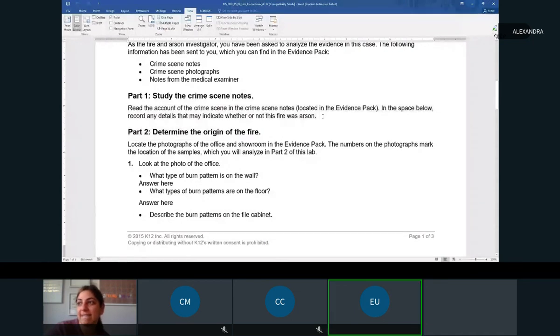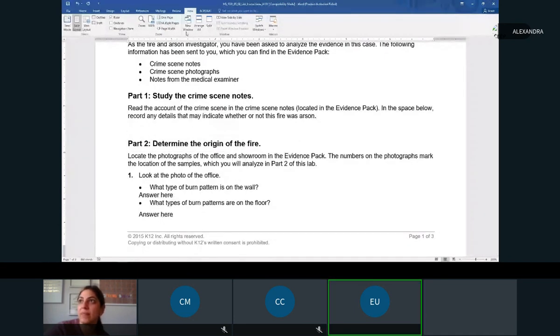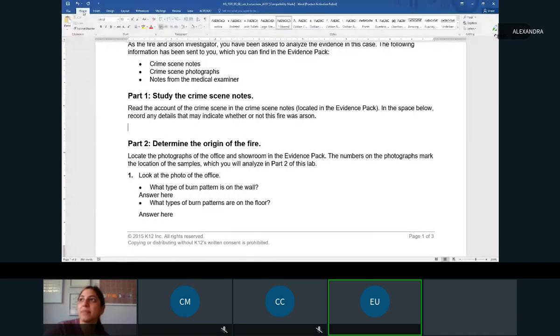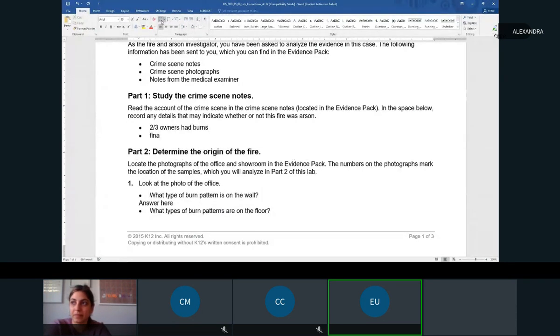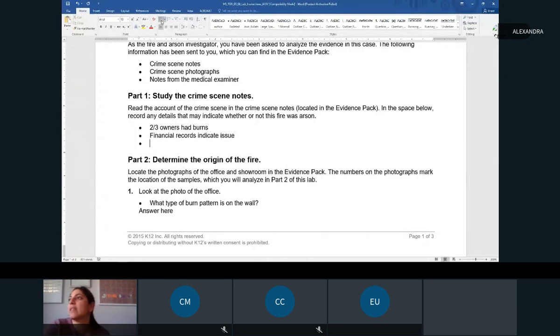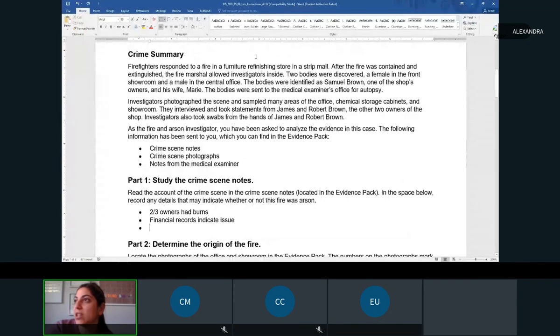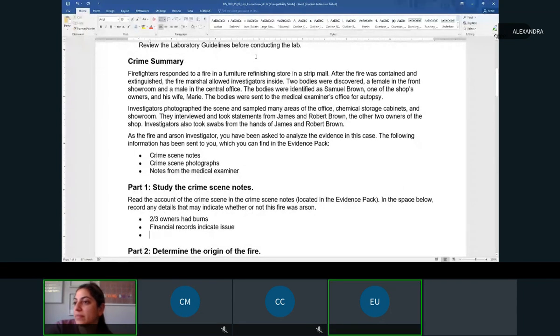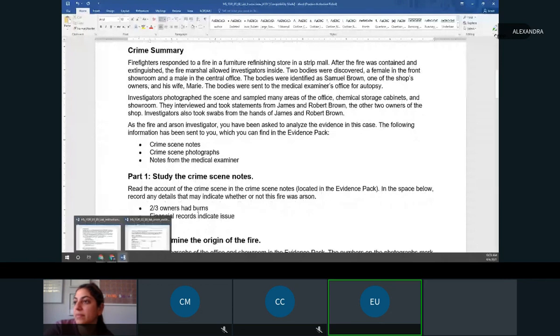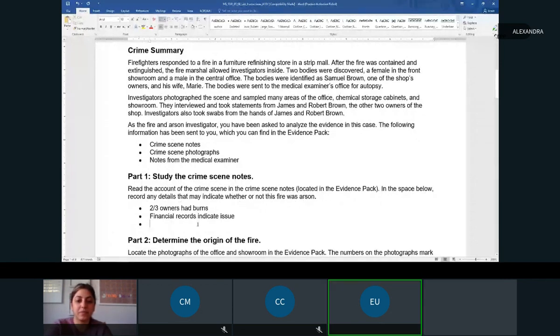So the first thing I noticed was that 2 out of the 3 owners had burns on the hands, the ones that were alive. And that they were struggling with financial records. This is just a theory, but does it say that they're brothers or if they're just owners? They're brothers. So all 3 are brothers. My theory is that maybe Robert and James wanted to sell the business, but Sam didn't.